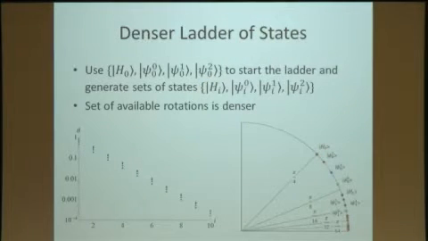And here's another one, and another one. You can turn to the paper for more details. Recall that before I just had these red points as the angles I could achieve. But now you can see that we have a denser set of angles we can achieve, a denser ladder.